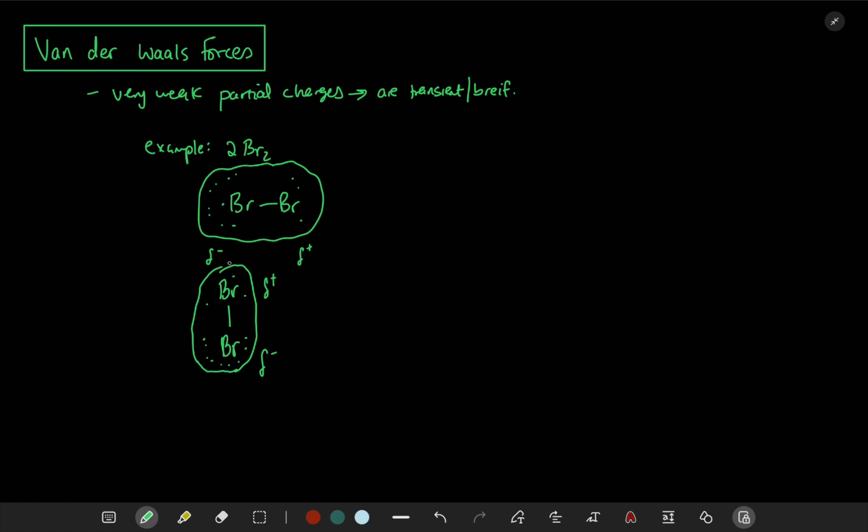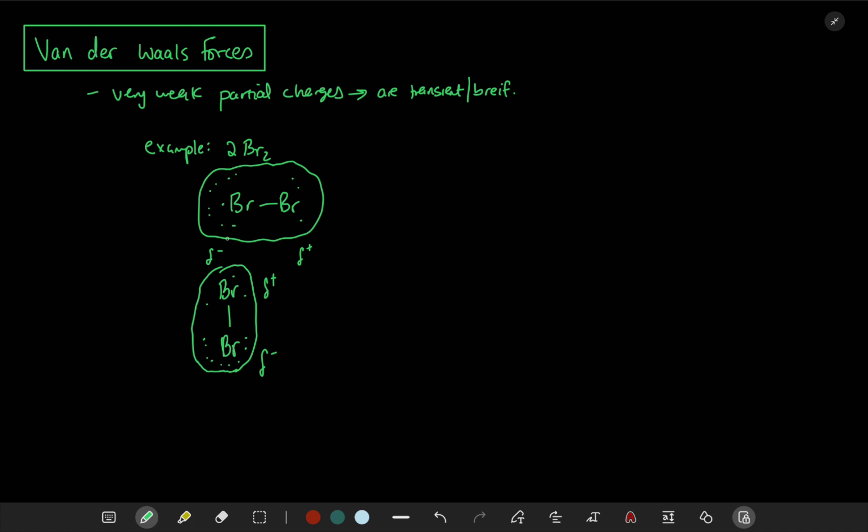You're not going to have electrons here and electrons here, because if you have electrons here, that's the current state this bromine molecule is in, it's going to drive the electrons in the molecule next to it in a certain way, where the electrons are going to be forced to the other side because of the repulsive forces, right? Because it's two negatives, and so they're not going to want to be next to each other. So they're going to go here, and that's going to induce a partial positive charge on this end and a partial negative charge on this end. And this bromine atom will do the same for another bromine molecule, and so on and so forth.